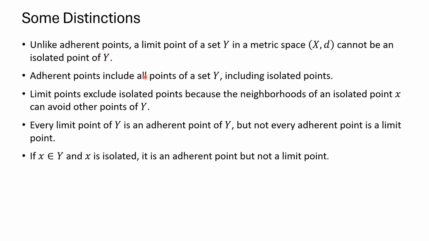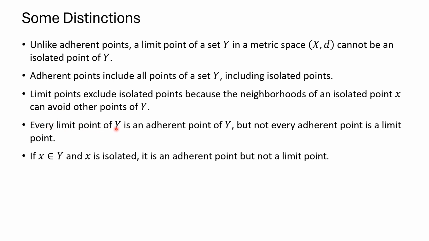Adherent points include all points of a set Y. We've said that before, including isolated points. Limit points exclude isolated points because the neighborhoods of an isolated point x can avoid other points of Y. So again, I'm sort of repeating myself, but just saying it different ways.